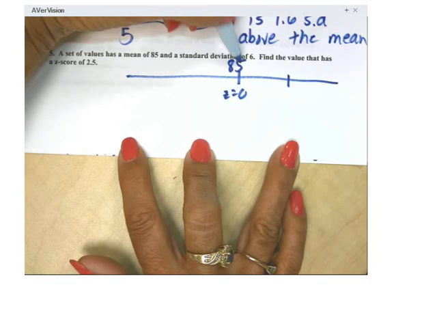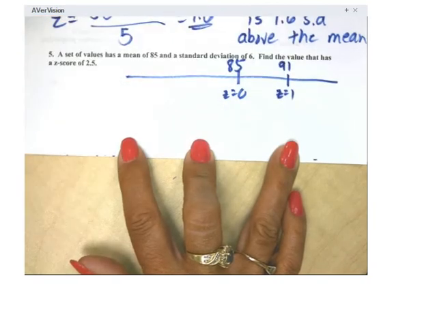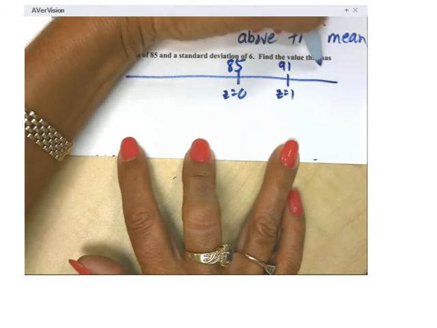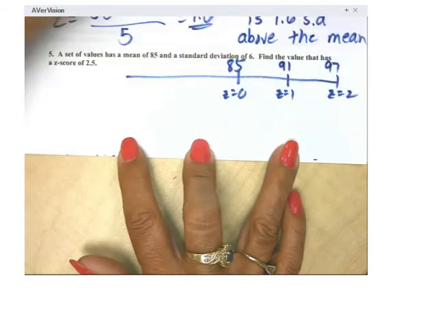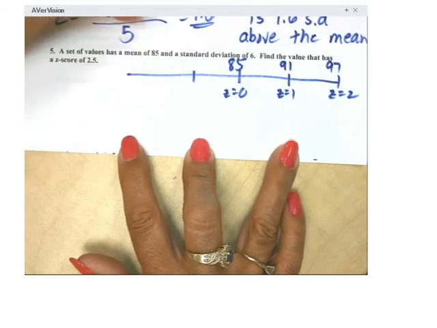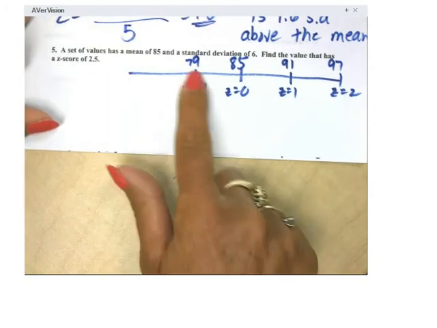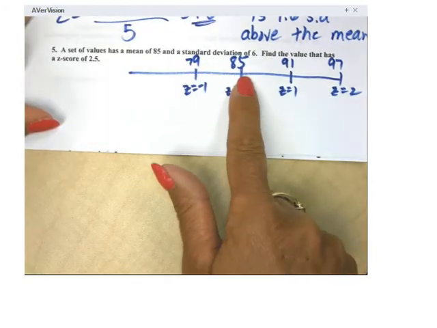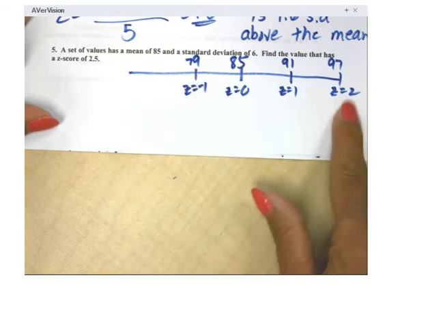Now, here's the last one. A set of values has a mean of 85 and a standard deviation of 6. Let me make a little number line. So here's our score of 85. It would have a z-score of 0. If we have a standard deviation of 6, if I add on 6, I'd be up at 91. That score would have a z-score of 1.